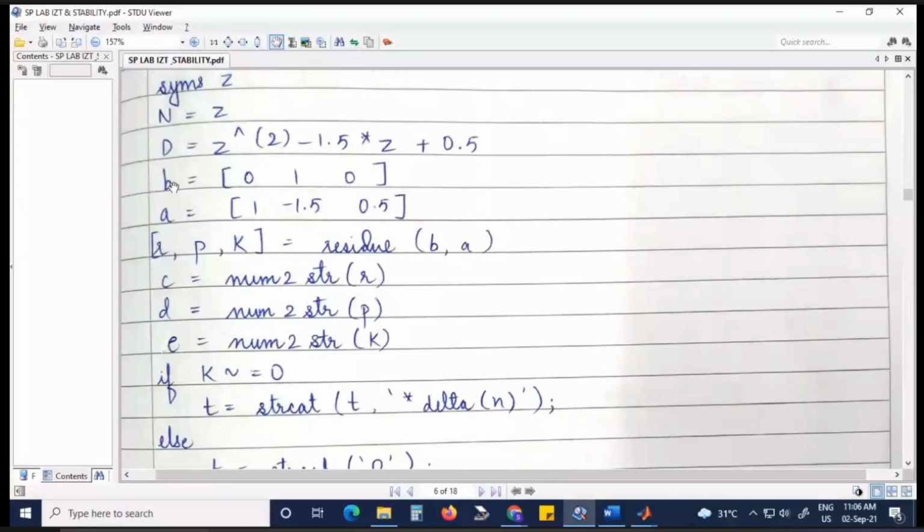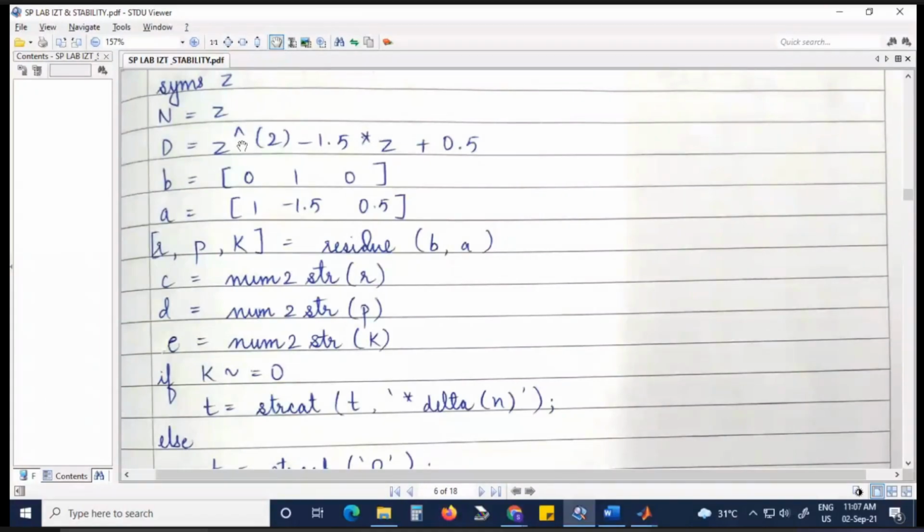So B is one array considering the coefficients of the numerator expression. The numerator expression is z only, so its coefficient is 1, that is 1 into z. And it does not have coefficients for z square or any other constants. All other terms are 0.